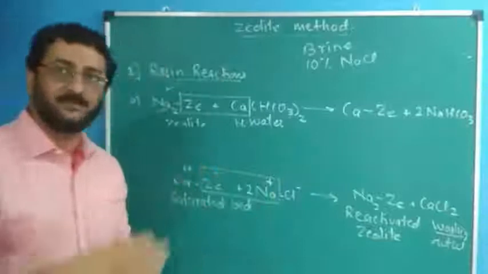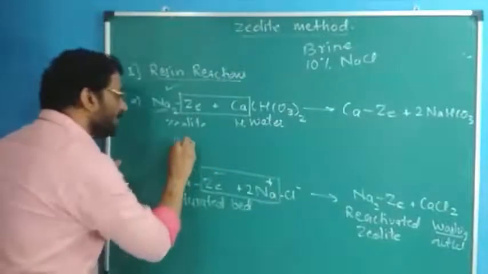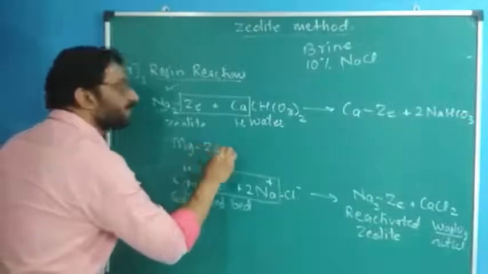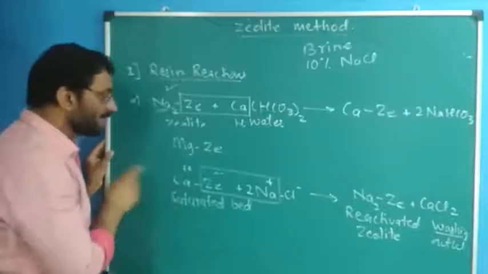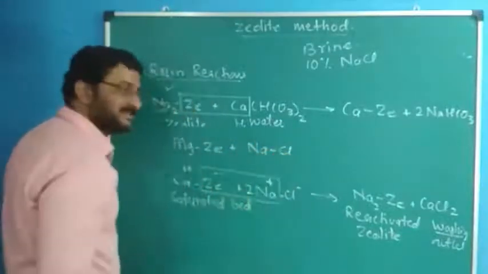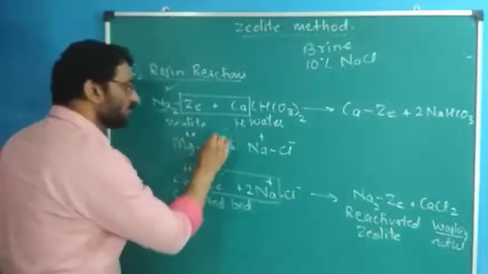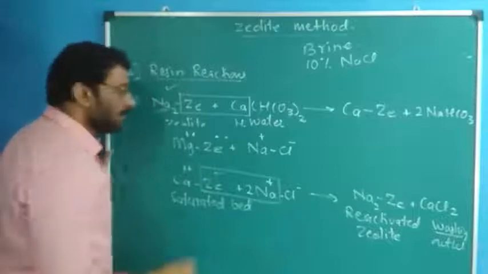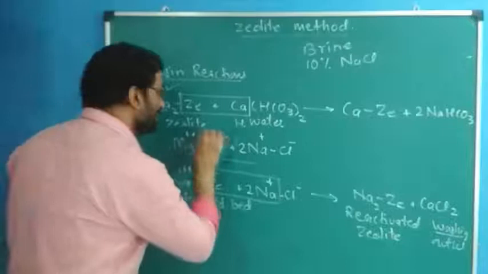It can be easily removed. One more reaction I will write. I will write here MgZd, maybe the structure of the exhausted bed of zeolite. What am I adding? I am adding 10% NaCl. Again, this is positive, negative. This is 2 positive, 2 negative. To balance that, I have to write 2 here. Again, there is an exchange reaction.